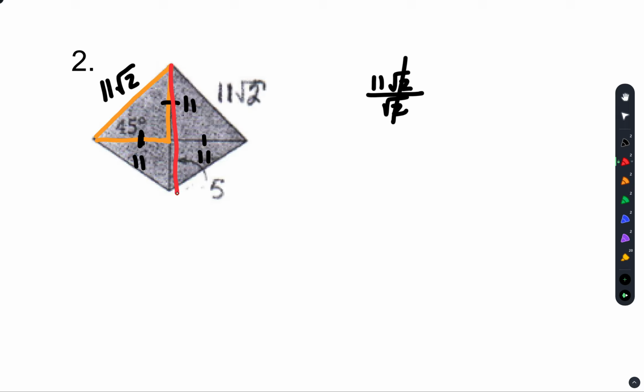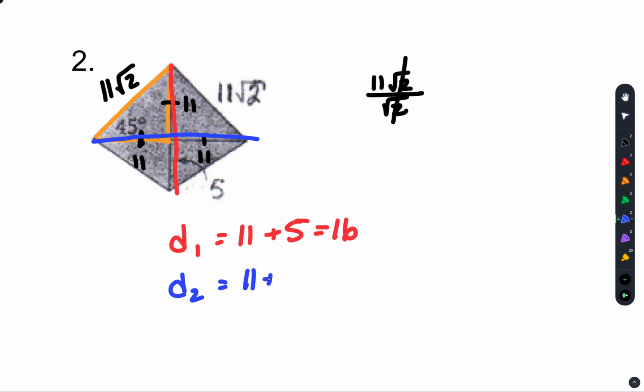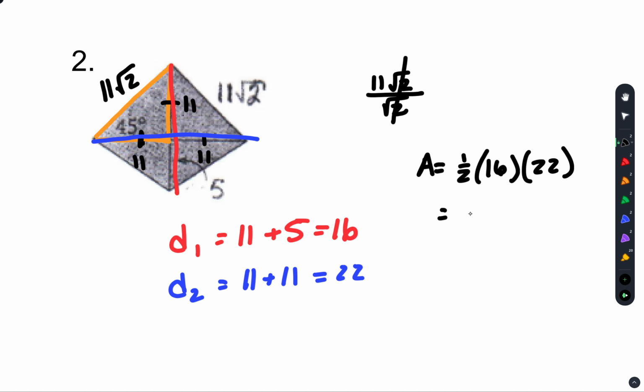Here's diagonal 1. 11 plus 5 is 16. Here's diagonal 2. 11 plus 11 is 22. Area, 1/2, 16 times 22, which is 176.